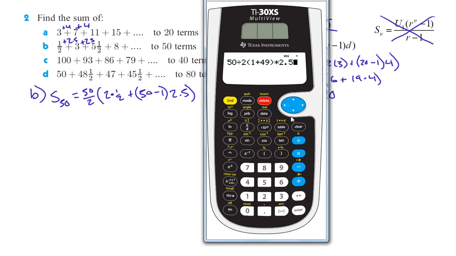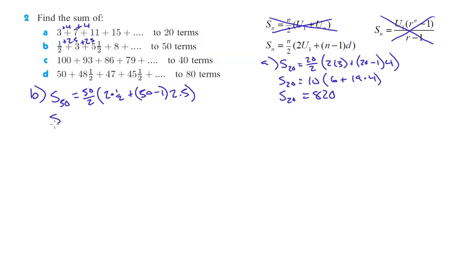We don't need that last parenthesis. Actually, wait, no, we do. 1 plus 49. I don't need this parenthesis here. Sorry. There we go. Delete that. And then we need this parenthesis here. There we go. Okay, 3087.5.